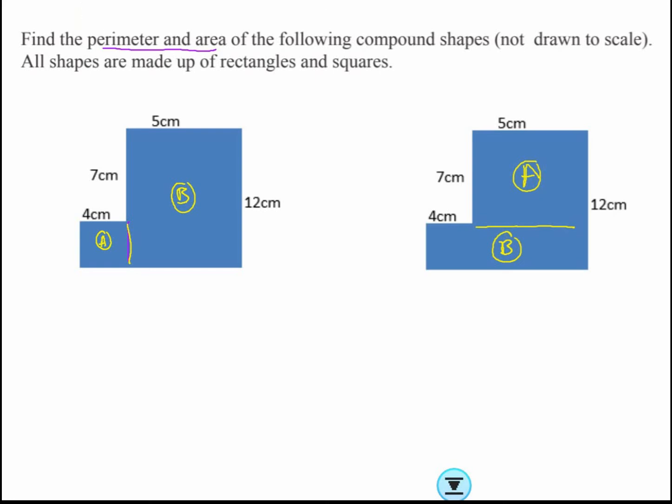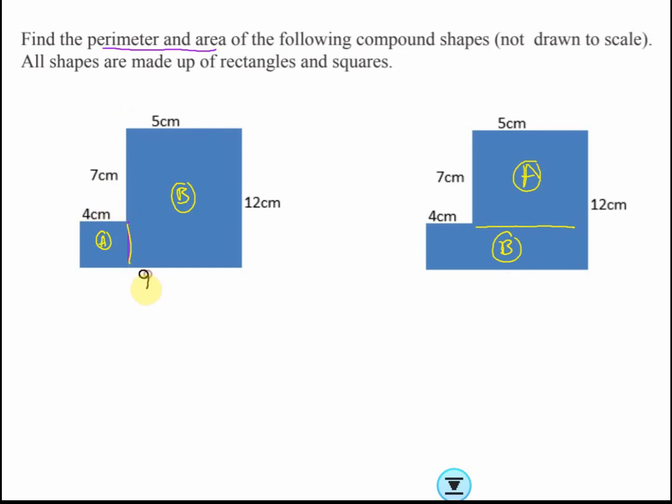Now, a good top tip to start with is fill in every side that you can. So you can see that this length here is missing, and so is this one. So let's have a look at working those out. If you see along the top here we have 5, and then this bit is 4. So we've got 5 plus 4.